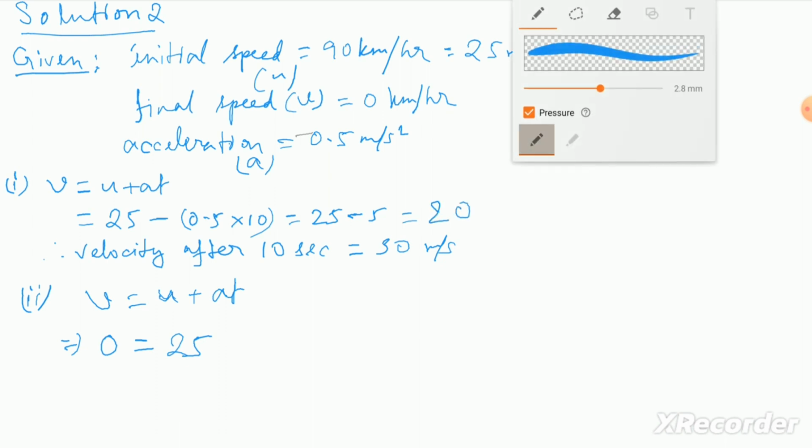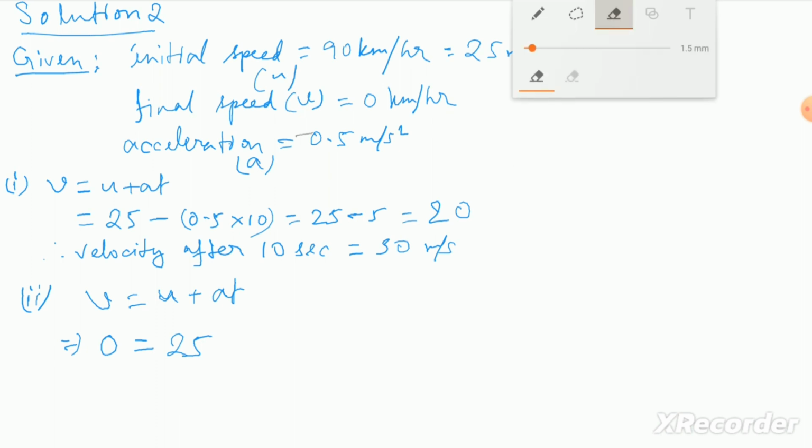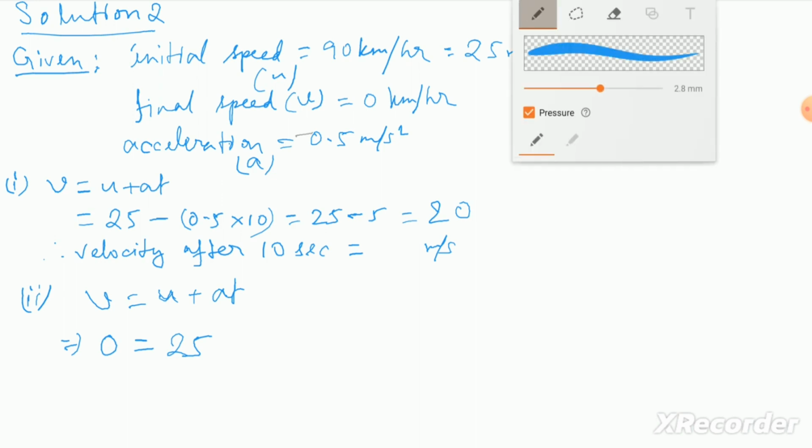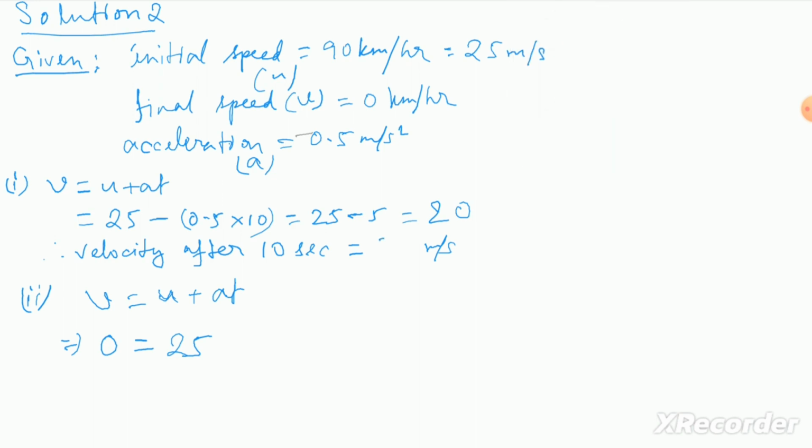So the correct answer is 20 meter per second, not 30 meter per second. And here you will also apply the minus symbol.